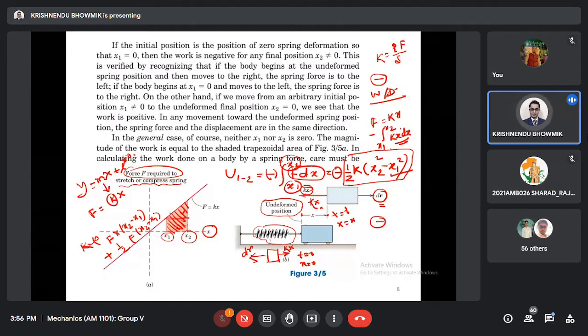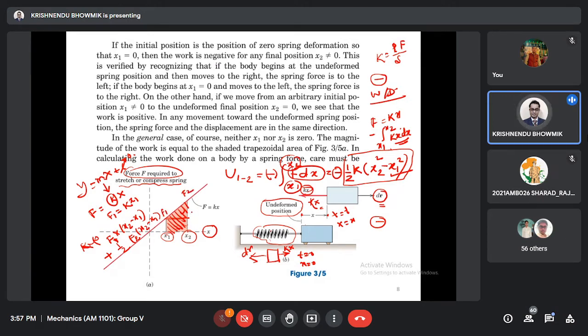But one issue here, this value is changing, so write here this is f1, and this is f2. What is f1? F1 is basically kx1, and this is f2.